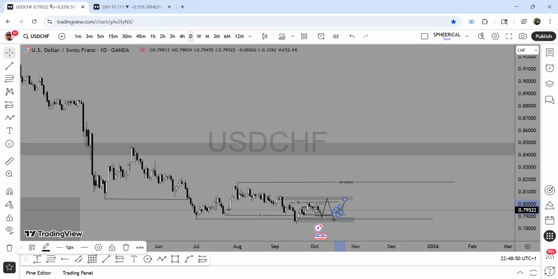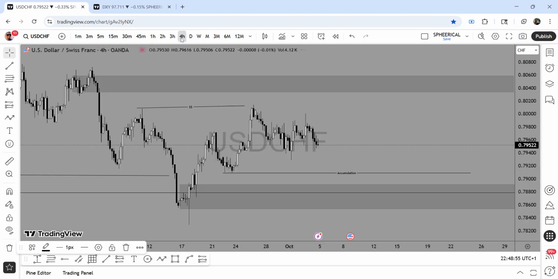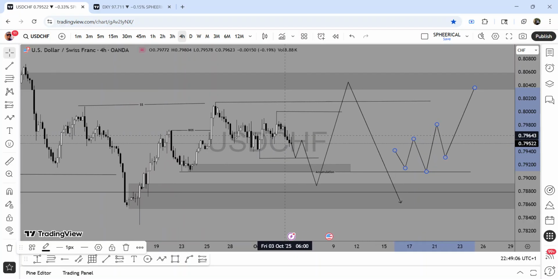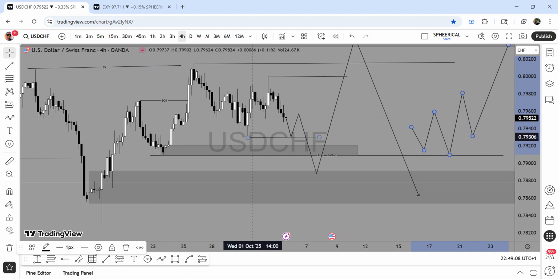And if we check, we can see that even USDCHF has already positioned itself at a key level. You can see a change of character here in 4 hours. You can see the change of character clearly here.